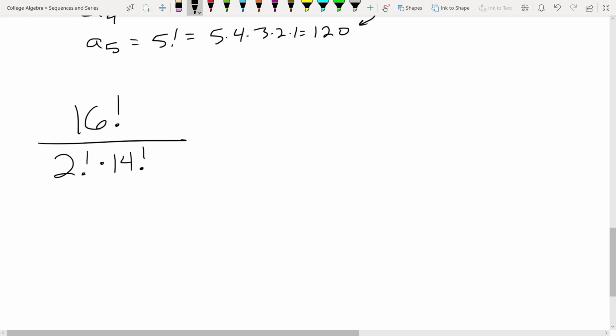This is actually a combination, which we won't talk about in this video, but combinations use factorials frequently because they're talking about counting a certain number of combinations, like if you choose 2 people in a line of 6, how many possible choices can you make that are distinct? So that's where this setup comes from. But to actually solve this, we just open up the factorial, or expand it, I should say.